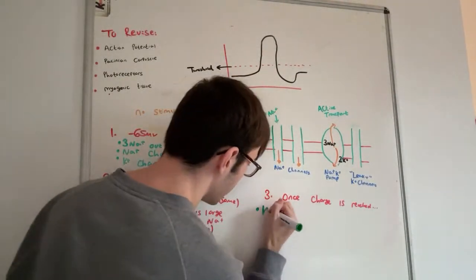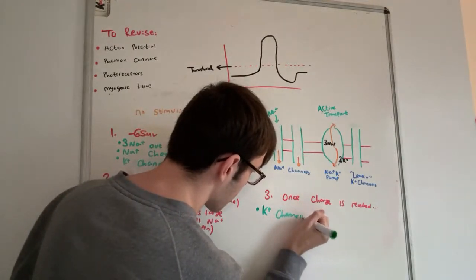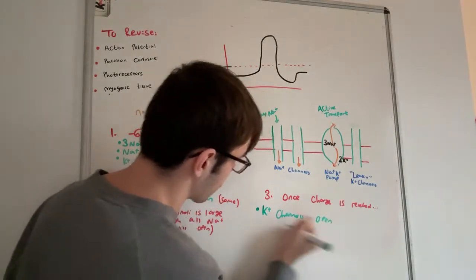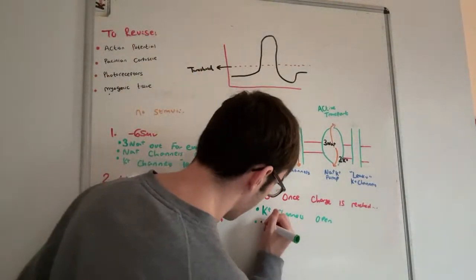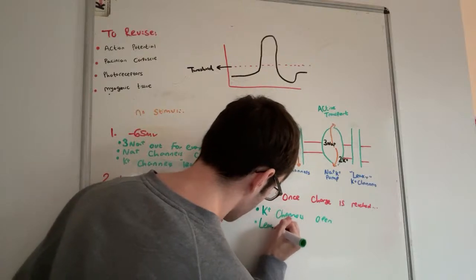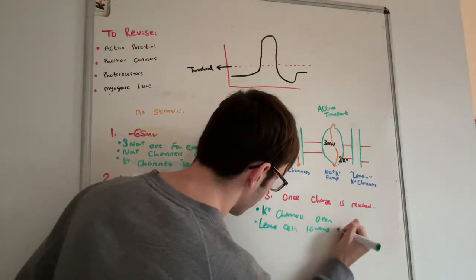And the idea we need to remember here is that the potassium channels are open, which allows potassium to diffuse out of the cell down the concentration gradient, so they are going to leave the cell, lowering the charge.